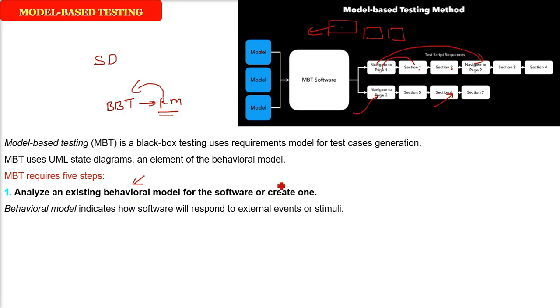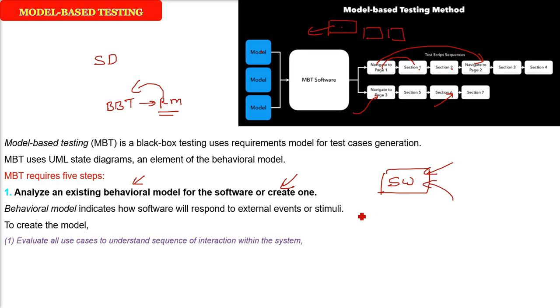It indicates how your software is going to respond or act when an external event or a stimulus occurs. Basically, we are talking about event-driven software. We have already discussed how to create these behavioral models.